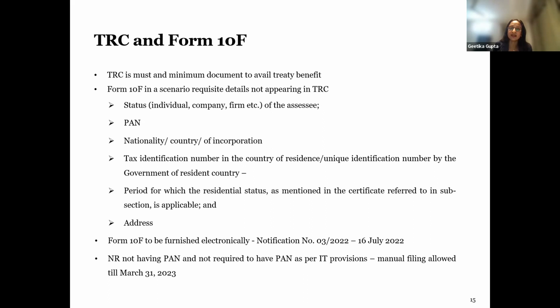Practically, we have seen that the Indian financial year runs from April to March, whereas, let's take an example, in the US the financial year will run on a calendar year basis. Then to cover the Indian financial year, TRC for two calendar years needs to be taken, which will cover the period from April to March.